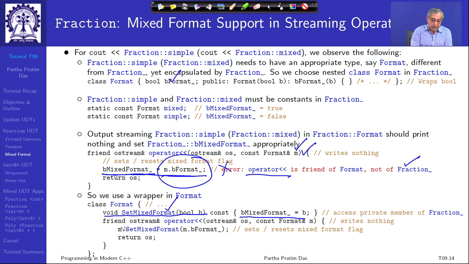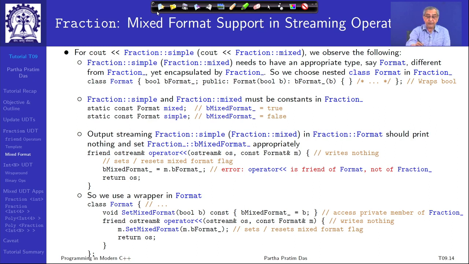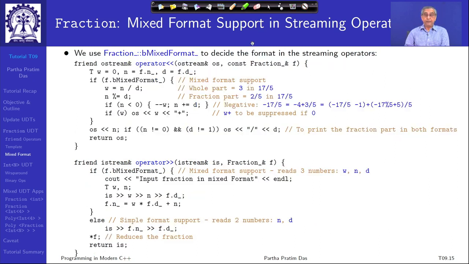And the streaming operator will simply call this member function, which it can do, because the set mixed format function is a member of the format class, of which this streaming operator is a friend. Right. So, that solves the overall issues, and we have something which we can consistently do.